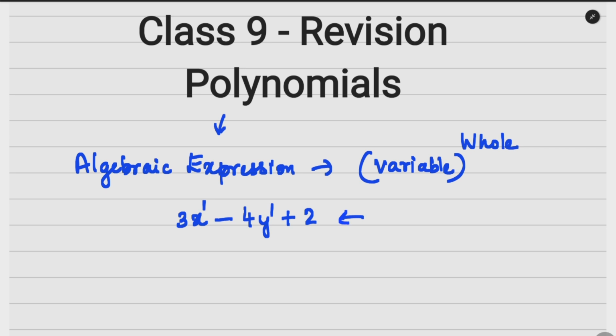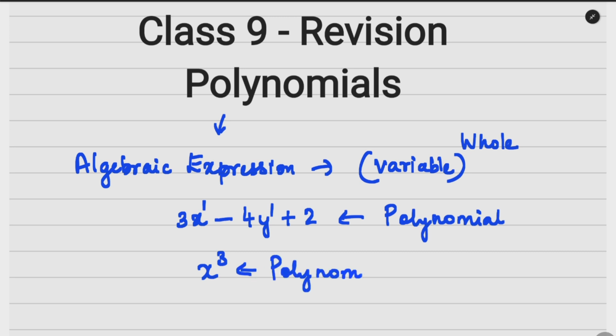So all the variables have a whole number as their power, therefore it is a polynomial. Suppose you have x cube. Is it a polynomial? Yes, it is a polynomial.